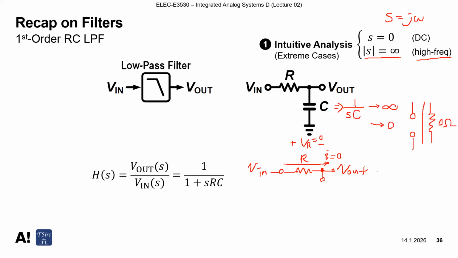That means V out becomes V in. So in our case, H of 0 becomes 1. Its gain is just 1. And we can easily figure this out by plugging S equal to 0, then the transfer function becomes 1.